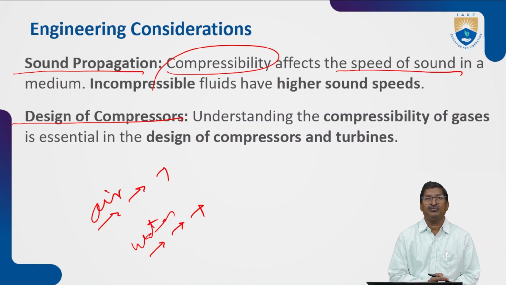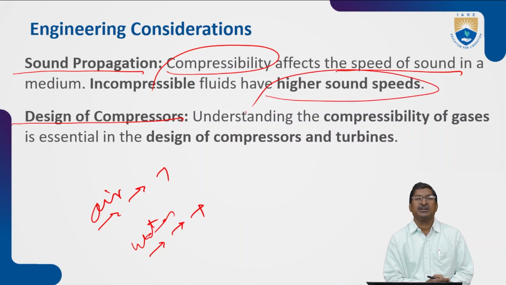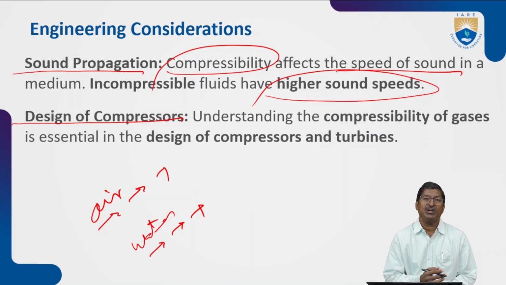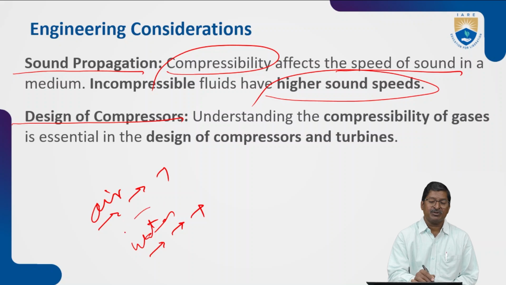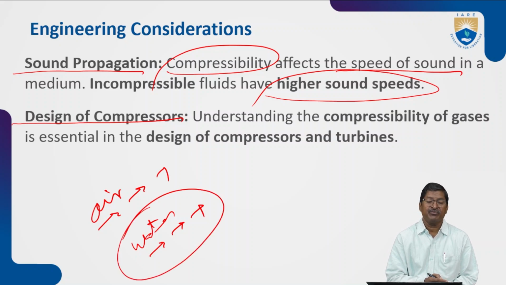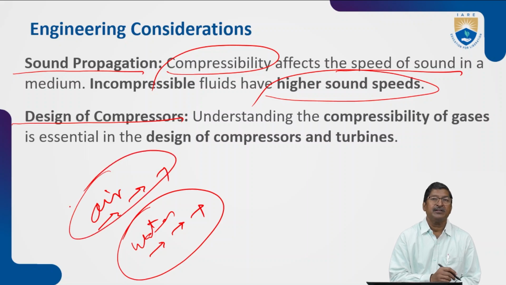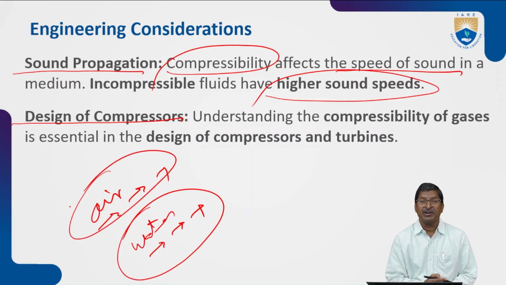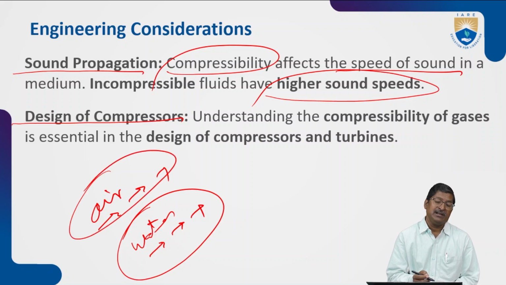So incompressible fluids will have higher sound speeds. Which one will have higher speed? You can see here, water is incompressible. That's why sound can travel very fast here. In air, sound will also travel, but at a lower speed compared to the sound speed in water, because air is a compressible fluid and water is an incompressible fluid.